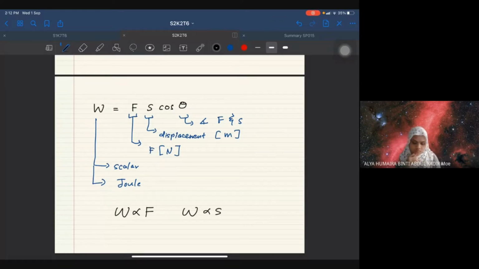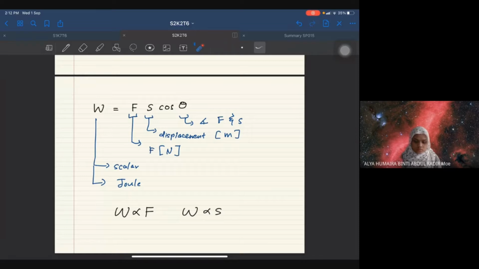So you have to consume more work. For example, for F, if you want to lift or push a heavy object, obviously you have to push with a high F. That means you have to use lots of work.